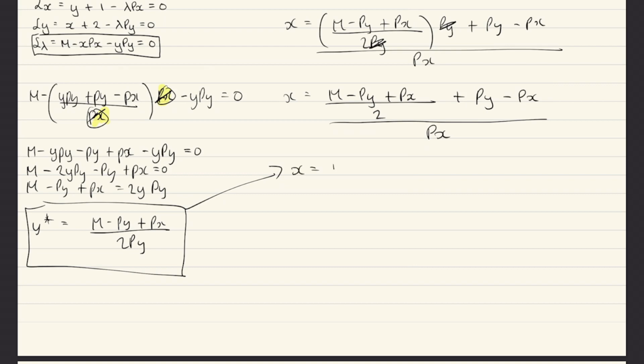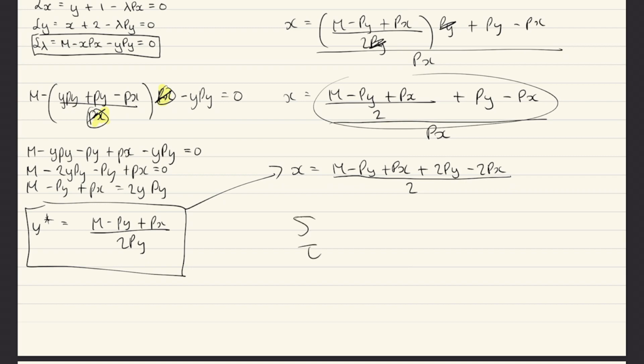So your x equals m minus py plus px, because that's the same as this over here. And then we have our new numerator of plus 2py minus 2px, and divide all of this by 2. And then now we can care about the denominator. So essentially it's this divided by, like 5 over 4 is the same as 5 divided by 4, correct? Yes, it is.